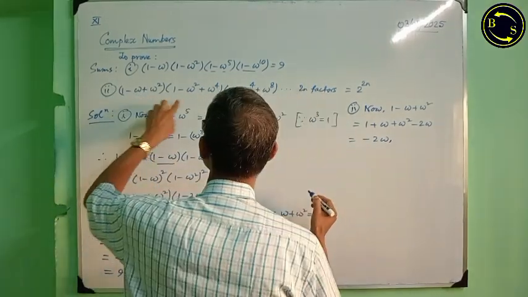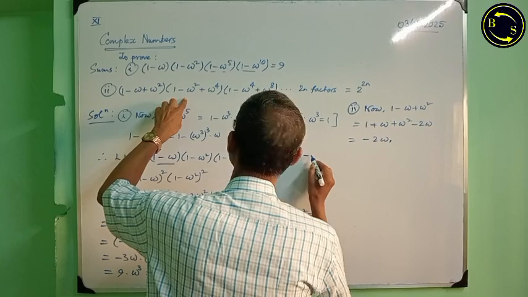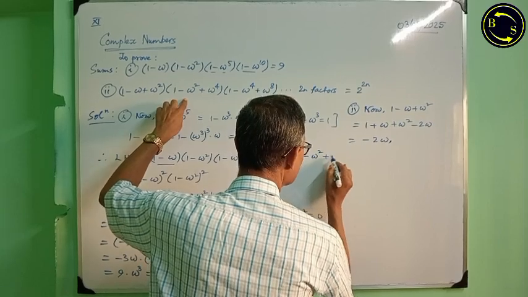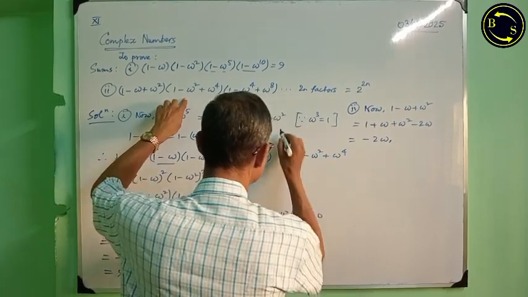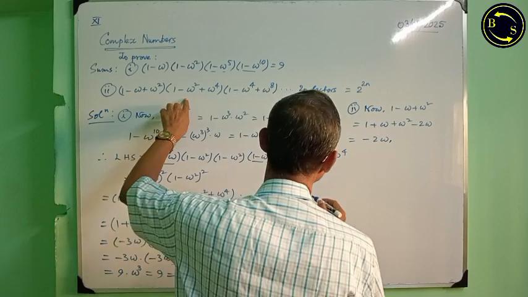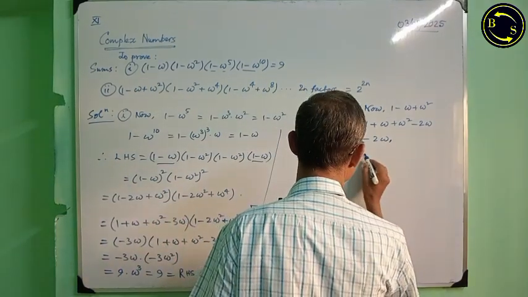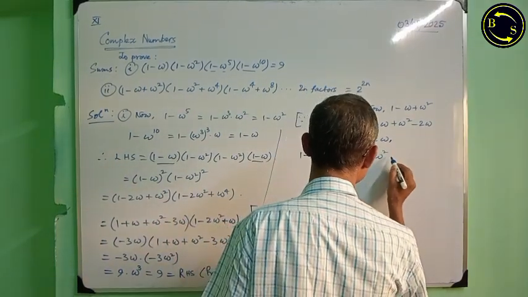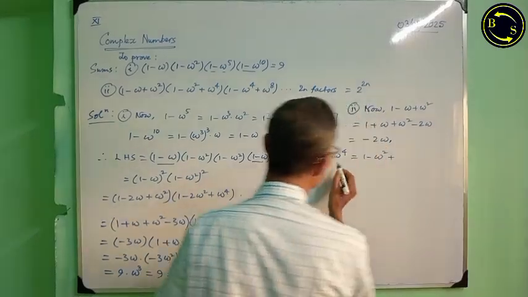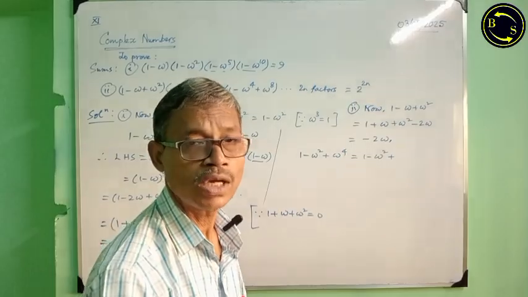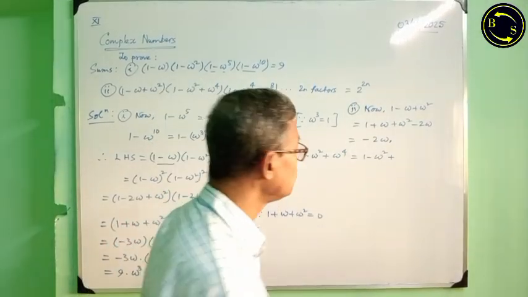Then we calculate the second one, 1 minus omega square plus omega to the power 4. That is equal to 1 minus omega square plus omega, since omega to the power 4 means omega into omega cube equal to 1.